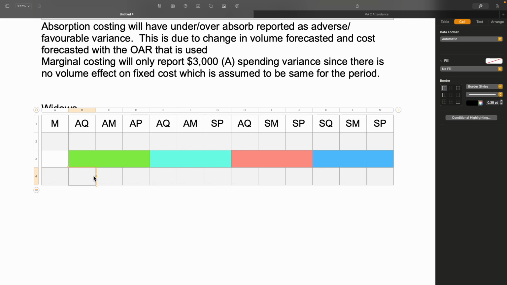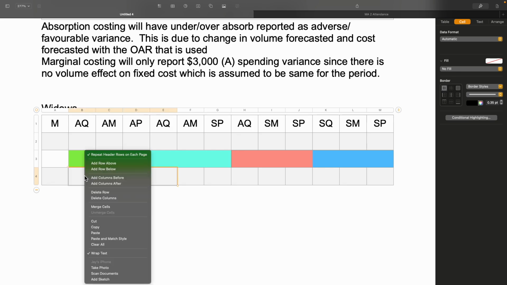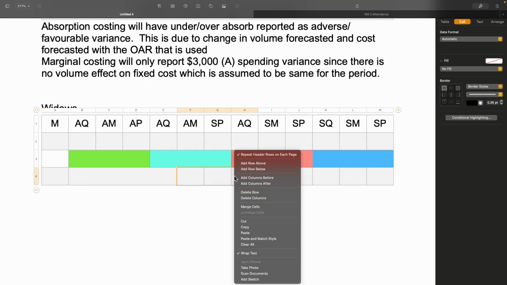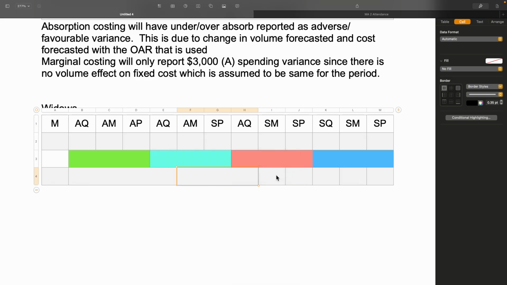When you want to calculate this, these two join together. So what will happen is this will merge into one. This will merge into another one. This will merge into another one.